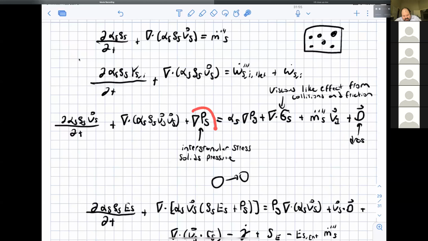One term here that we need to talk about is the so-called grad Ps. That is an intergranular stress term. It's also called solids pressure, and it's called intergranular stress in gun ballistics, and in the fluidized bed community it's called solids pressure.